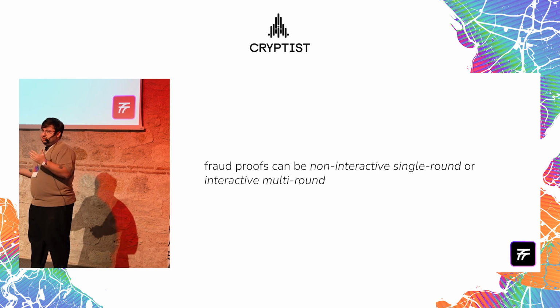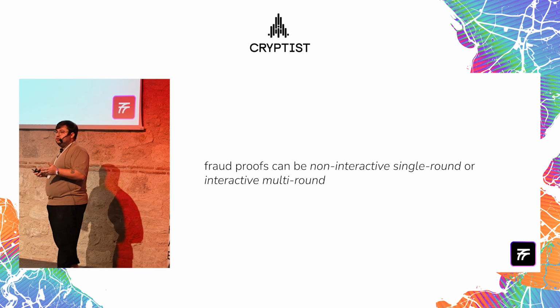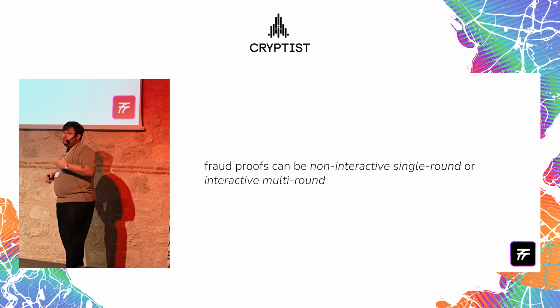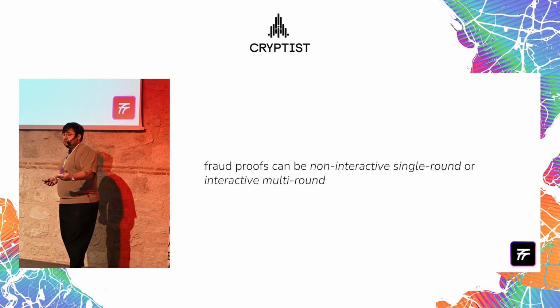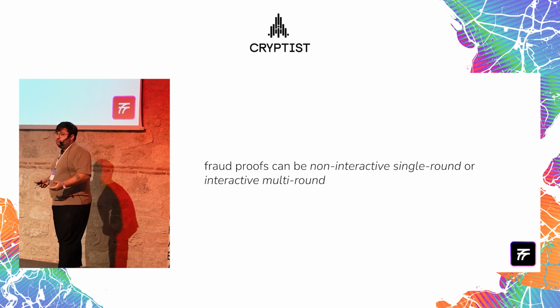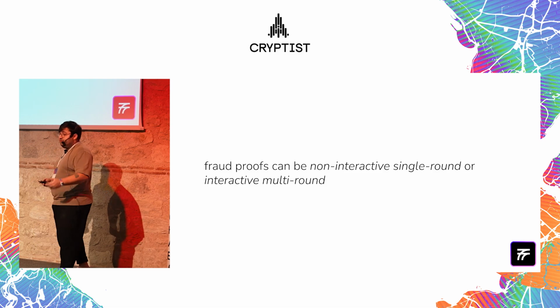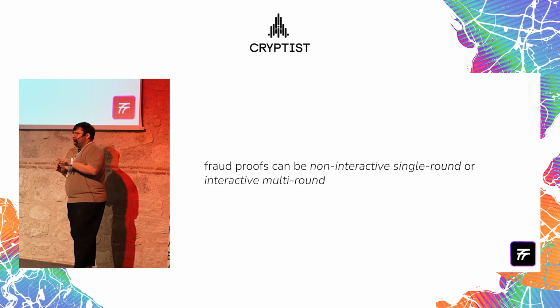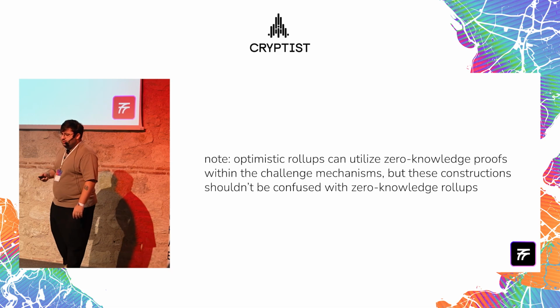And so you would essentially have to either break it down or just have smaller blocks in the L2. That was one of the problems that Optimism faced, because they originally had non-interactive single round fraud proofs, and then they switched to interactive multi-round fraud proofs for that reason. There are other reasons, but they're more niche, and I don't think we need to bring them up.